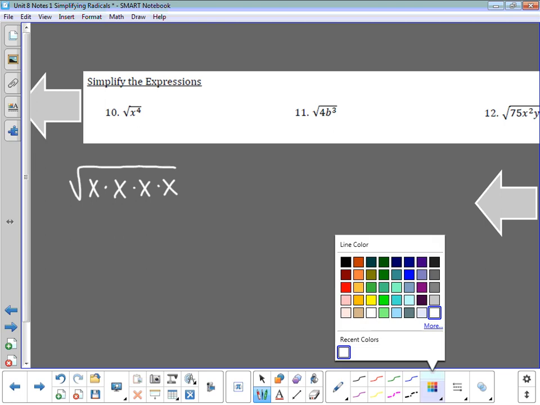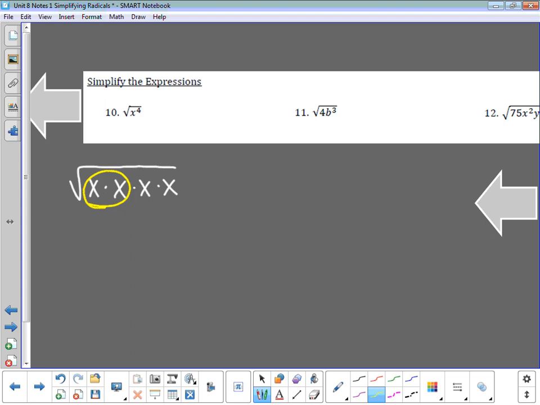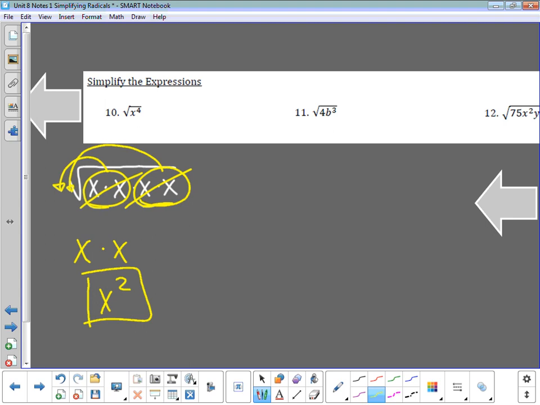I have a pair here that can come outside, and I have a pair there that can come outside. So when I take that pair out, I have an x out front. When I take that pair out, I have another x out front. I've canceled everything underneath, and I'm left with x times x. X times x is the same thing as x squared, so that's my simplified expression.